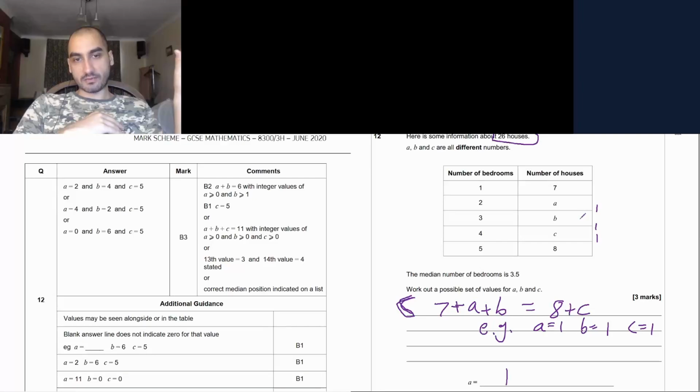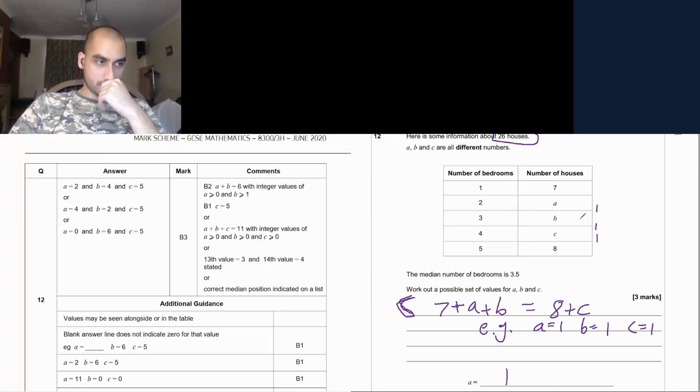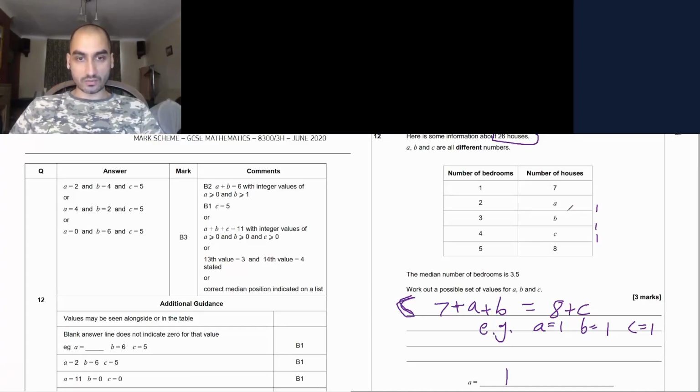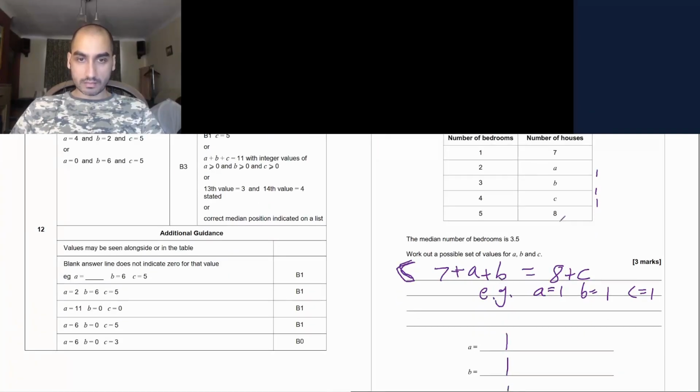So 7 plus A plus B would have to be 13, and A plus C would have to be 13. Well, not necessarily. Oh, no, they don't have to be equal. Do they? Hang on. Whether or not this is true, they don't have it here, so I don't get the marks. Yeah. Wow, I lost 3 marks there. That's a lot.